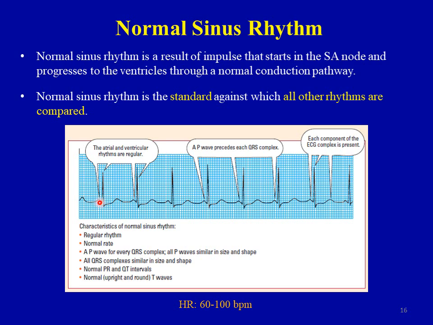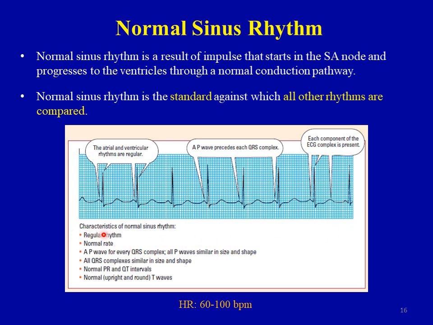So the P waves and the QRS complexes are regular, and each QRS complex is preceded by a P wave, and each component of the ECG complex is present. So we can see the P wave, the QRS, and the T.